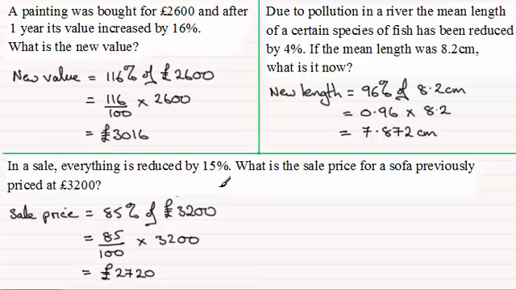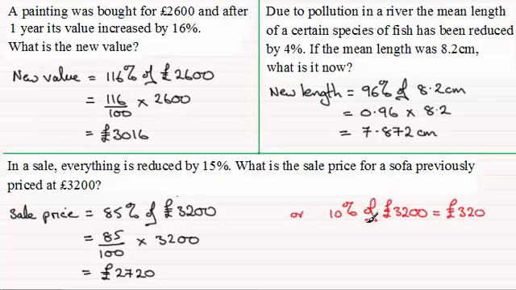We could tackle it mentally if you wanted to, by just working out, first of all, say 10% of £3,200. 10% is a tenth, and so just dividing this by 10 means we just take off the zero on the end. So you've got £320.